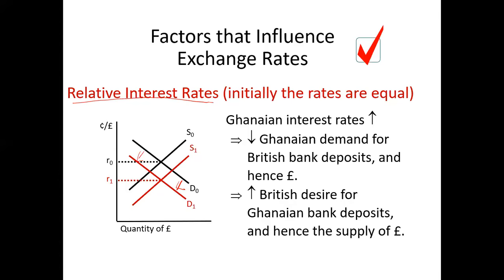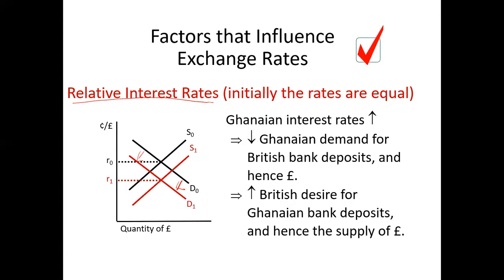On the other hand, let's look at the supply side. From the supply point of view, foreigners are even going to rush to Ghana to come and invest. So there will be an increase in supply of pounds, because everybody will be coming here to invest.